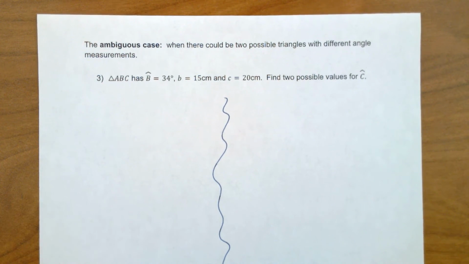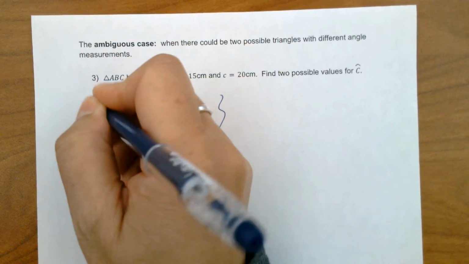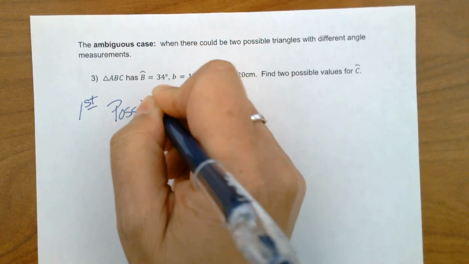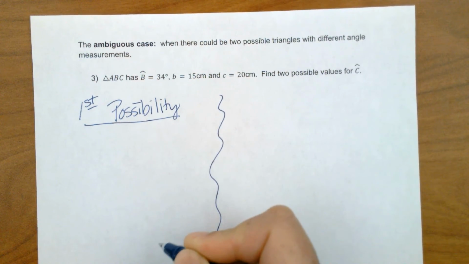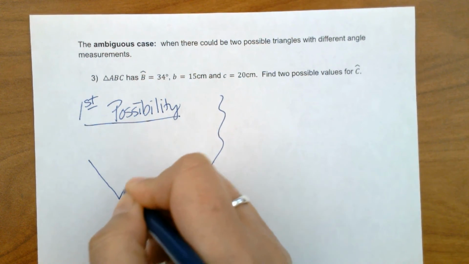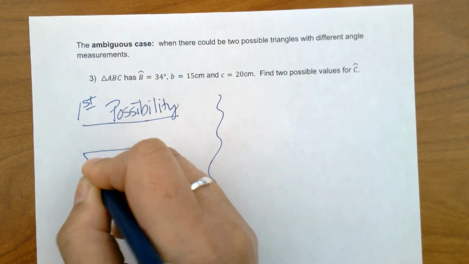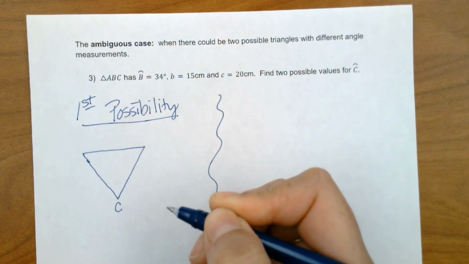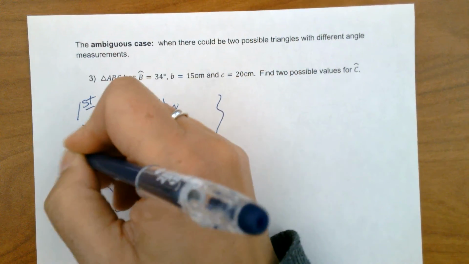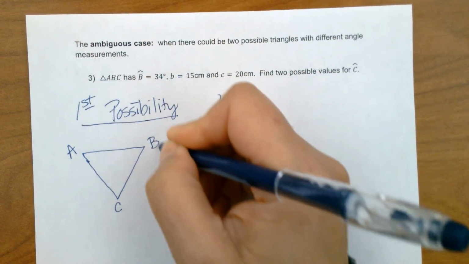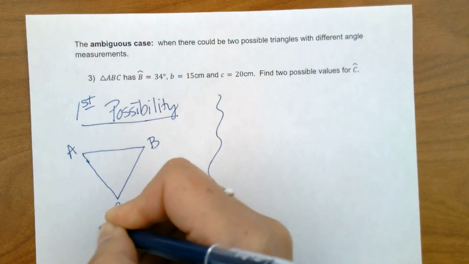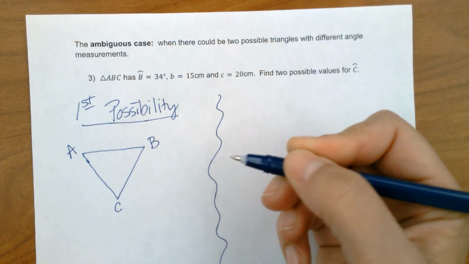Okay, so our first triangle here, first possibility, is where we could have an acute triangle. Here's angle C. Let's see, let's go A and B. I like writing my letters clockwise, so A, B, C. Now you get it.